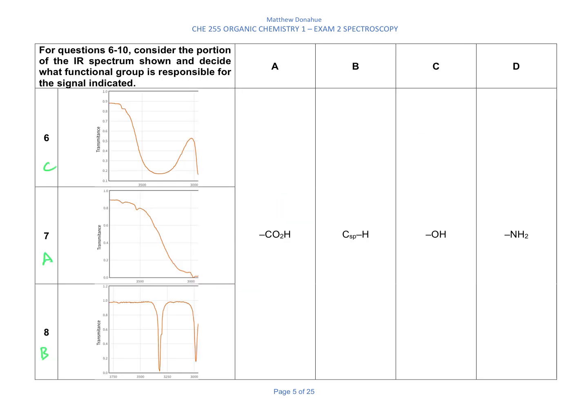In this next run of 5 questions, you're given a snippet of IR data, and you're asked to determine the functional group that's responsible for that. So in question 6, we have this broad peak that's spanning quite a large wave number region, and we know that that's due to OH stretching.